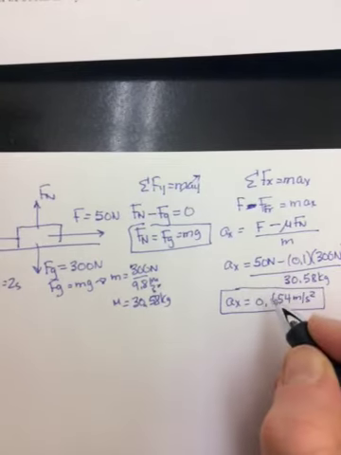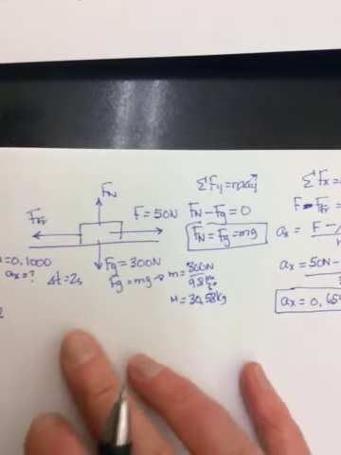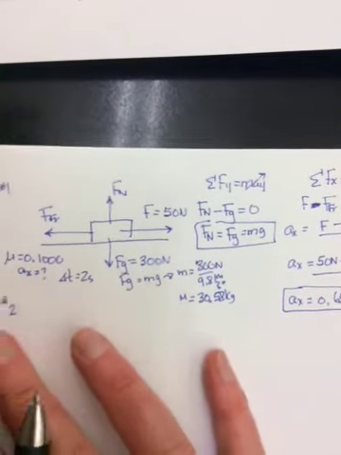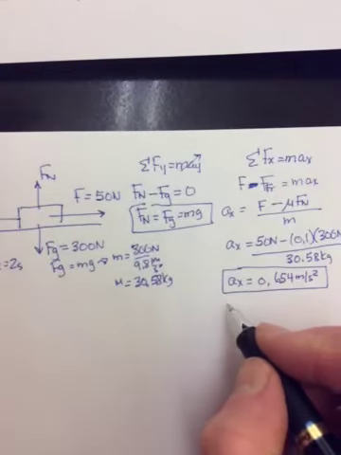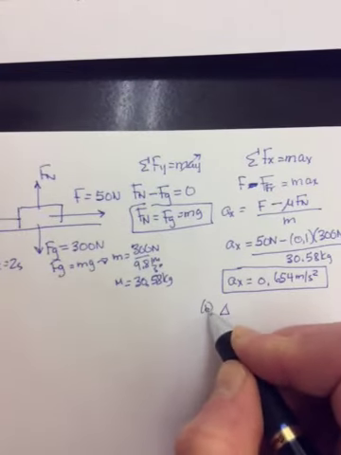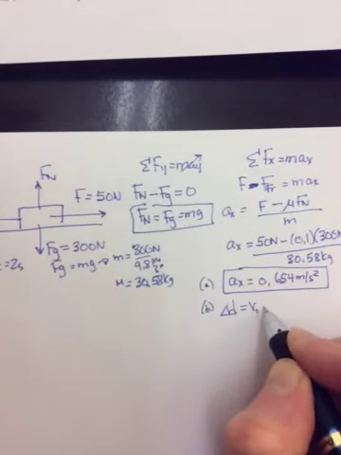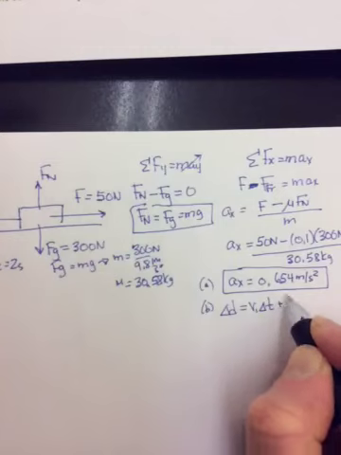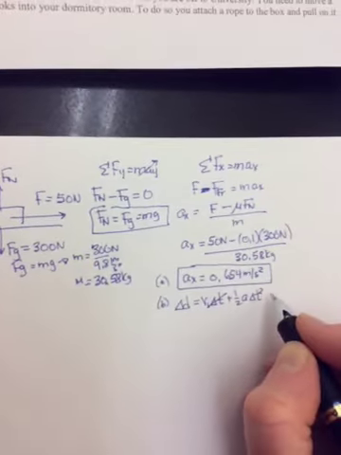Okay? Now the second part of the question says how far does it go? So you have the acceleration and you have the delta t, and you know it starts from rest, and you want to know how far it goes, delta d. So part B would be delta d is equal to vi delta t plus 1/2 a delta t squared. This goes to 0.